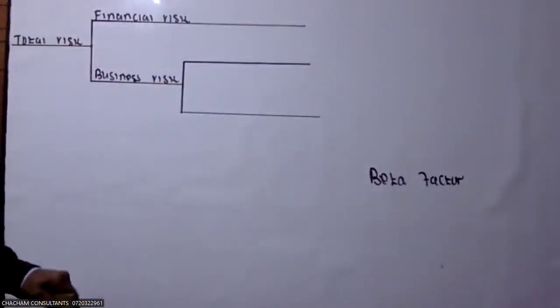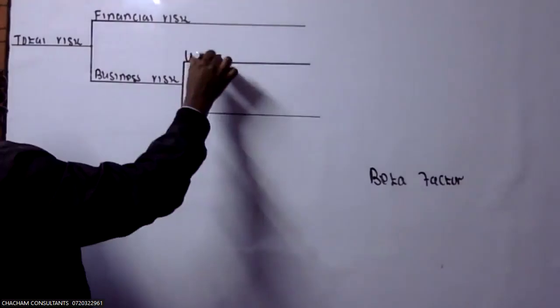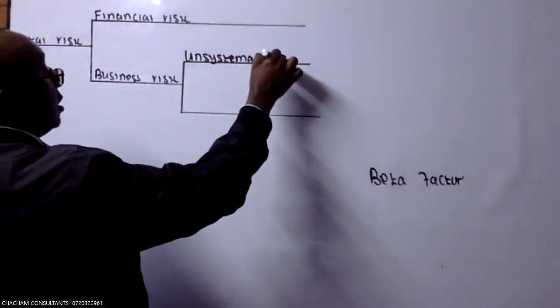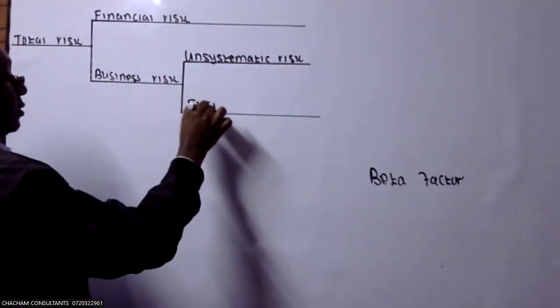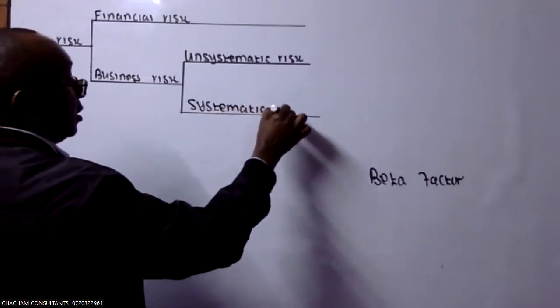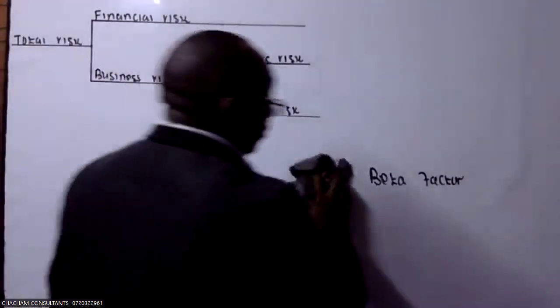We have a diagram like this. This is unsystematic risk, and systematic risk. That's one way of looking at them.